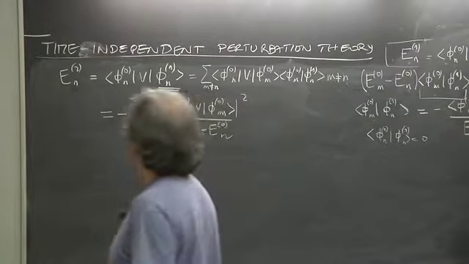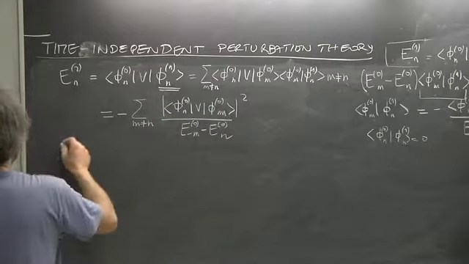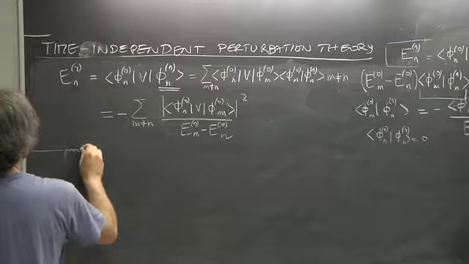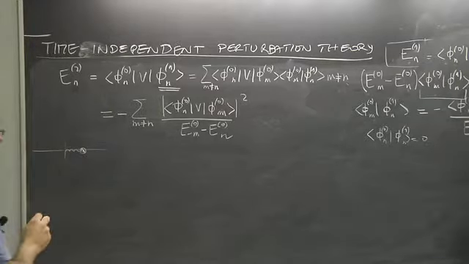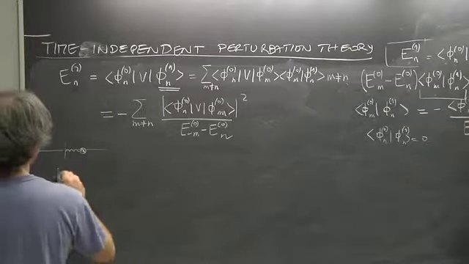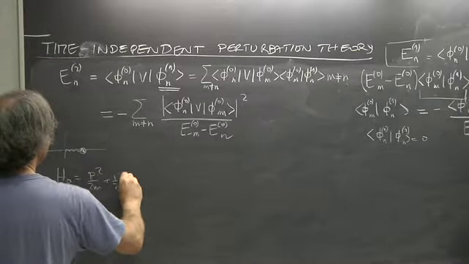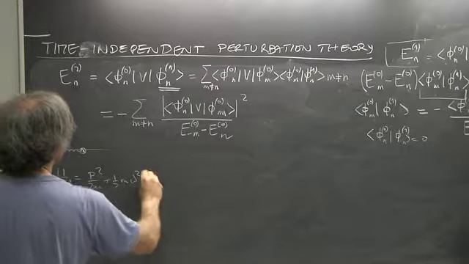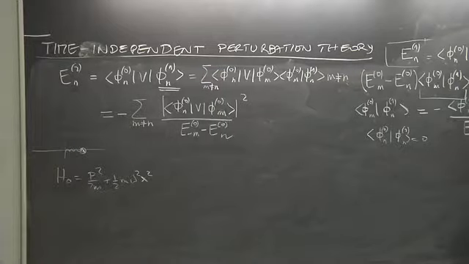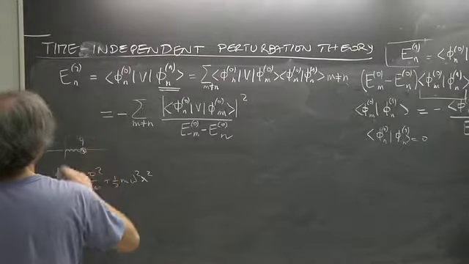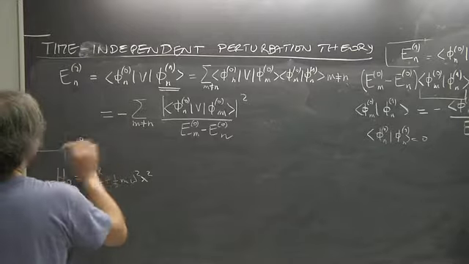Suppose that you have a charged oscillator, okay? So you are in one dimension. There is a spring, okay? So your H0 is obviously P squared over 2m plus 1/2 m omega square x square. So this is the spring. But this object has a certain charge, Q. And I put some electric field.